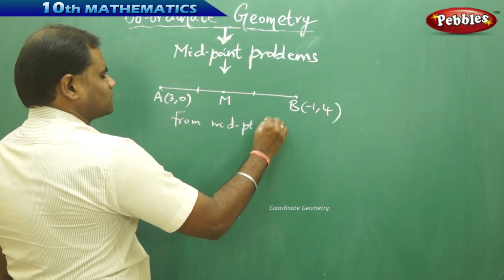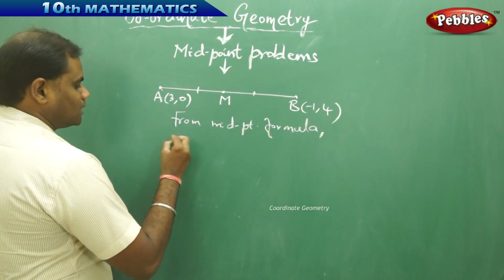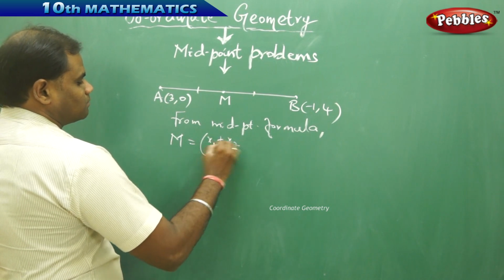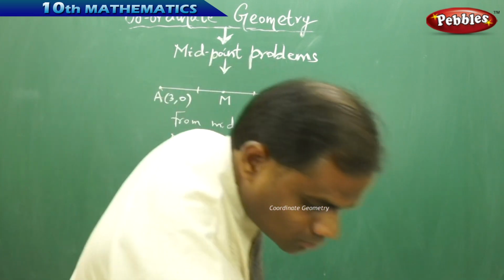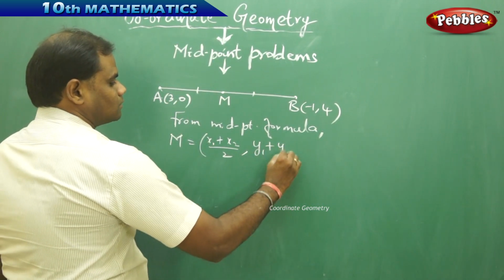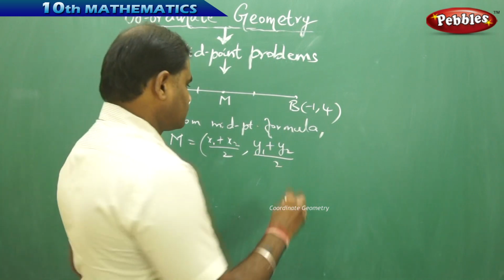From the midpoint formula, I have M equals (x1 + x2)/2 and (y1 + y2)/2.